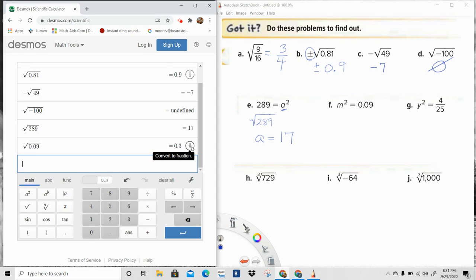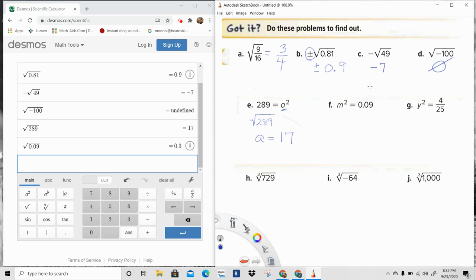And as you can see, it tells us that the square root of 0.09 is 0.3. So m equals 0.3. Now let's try this next one. They're telling us that some number squared is 4 over 25.